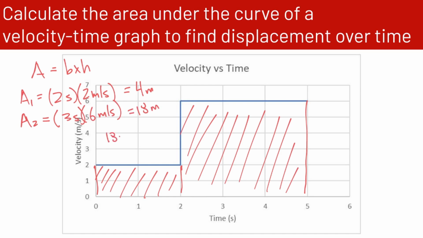So 18 meters plus 4 meters gives us the total 22 meters, which is what we got in the first way. So you can see the two methods are pretty similar to each other. It's just kind of thinking about it in two different ways, but you get the same answer either way.